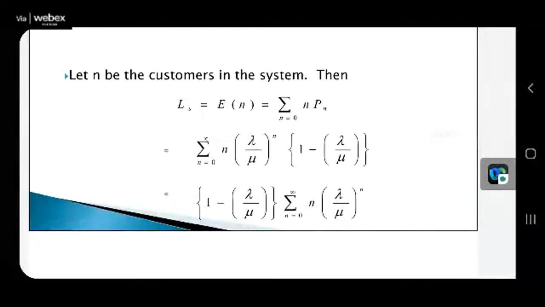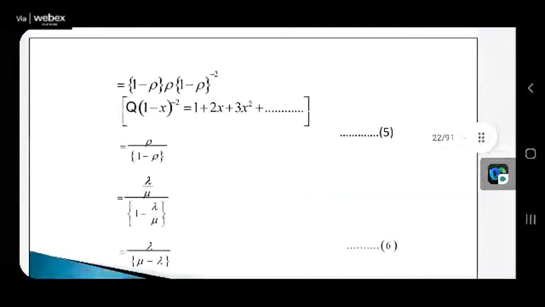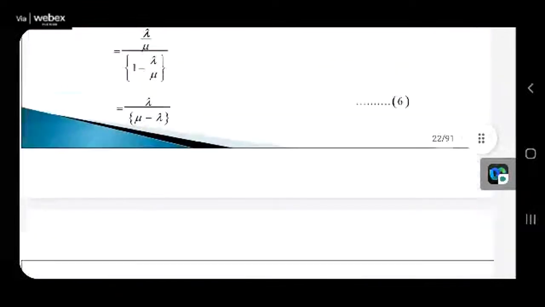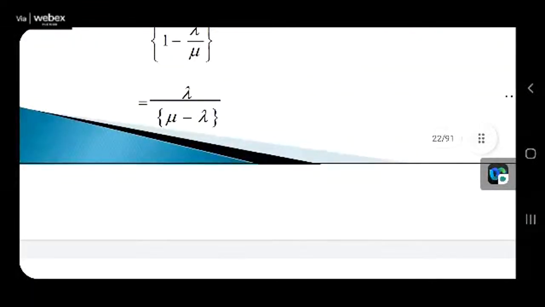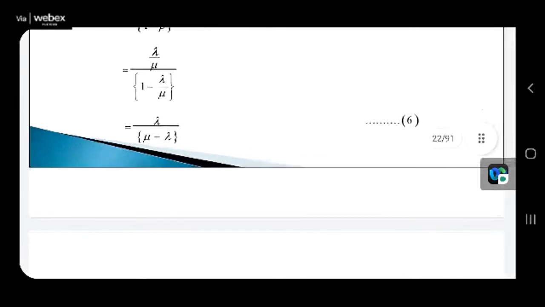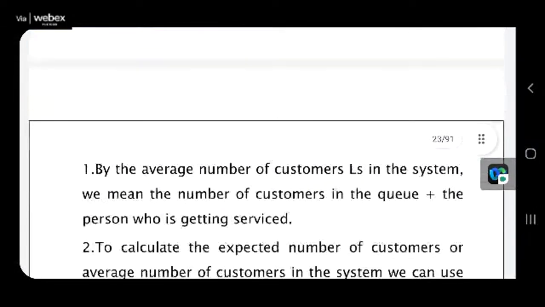After simplification of the summation of n from 0 to infinity of n times Pn, I obtain the formula, which is a very important formula we have to remember: lambda by (mu minus lambda). So this is the average number of customers in the system. Whenever in the question they ask what is the average number of customers in the system, it is lambda by (mu minus lambda).